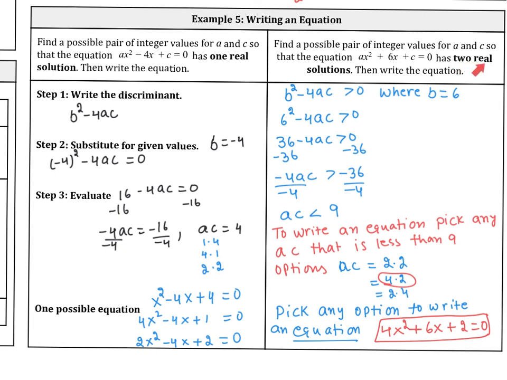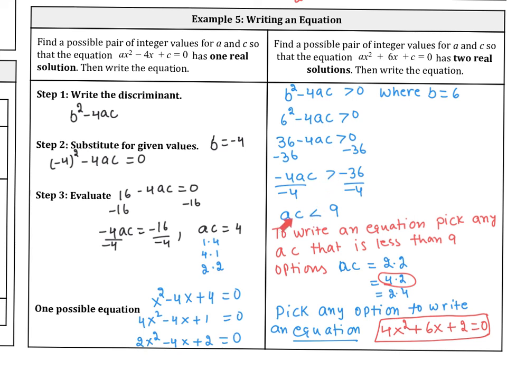Because it has two real solutions, b squared minus 4ac should be greater than 0, where b is already given as 6. So plug it into the b squared minus 4ac. 6 squared is 36. Subtract 36 on both sides, and after that you're going to divide by negative 4 on both sides. Whenever you divide by a negative number, the inequality is going to reverse. So this greater than sign becomes less than.